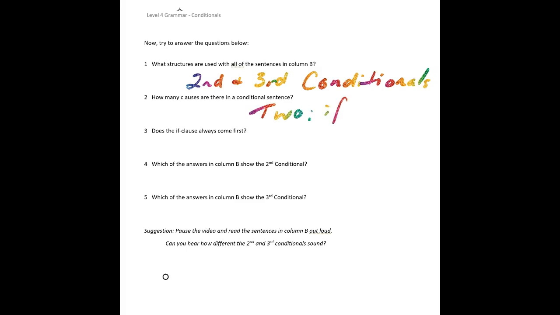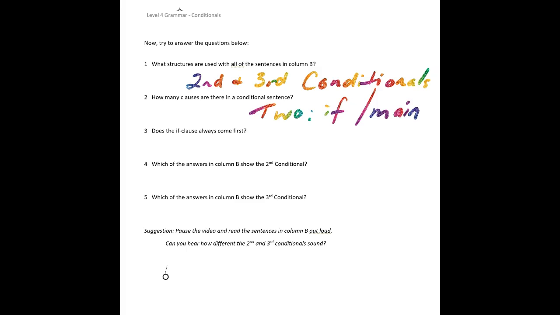So what structures are used with all of the sentences in column B? They're all second and third conditionals. How many clauses are there in a conditional sentence? There are two. And we said that they are the if clause and the main clause.